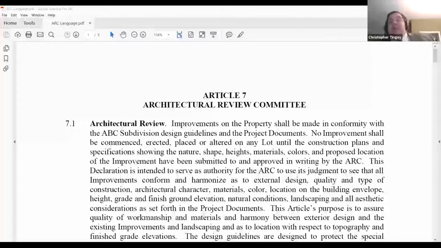The reason I like this provision is it gives the board, or if it's acting as the ARC, or the ARC as a standalone, great discretion and great wiggle room for dealing with each application on an individual basis.